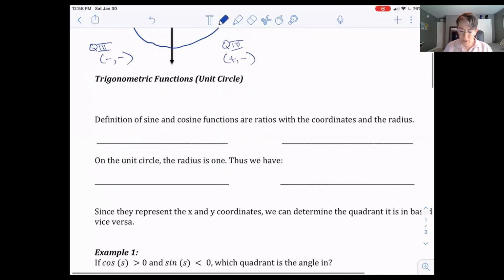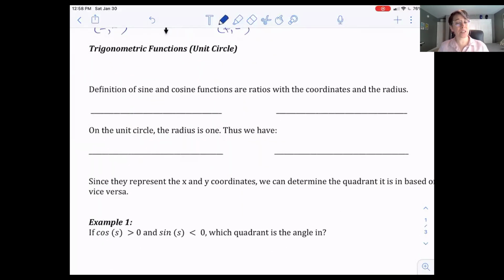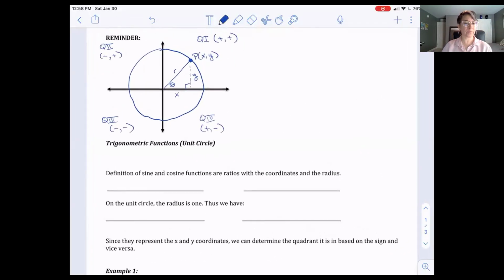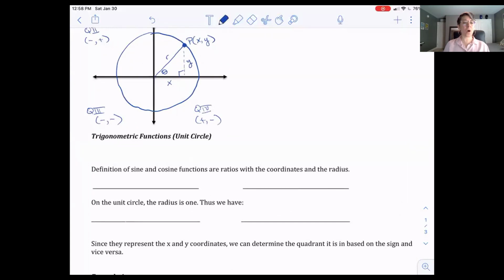So let's remind ourselves of the definitions of sine and cosine. Again, being a definition means, yes, it is something you have to memorize. So when we're looking at that circle, that theta on the circle there, the sine value of that angle, we'll call it theta, is the ratio of the y value divided by the radius.